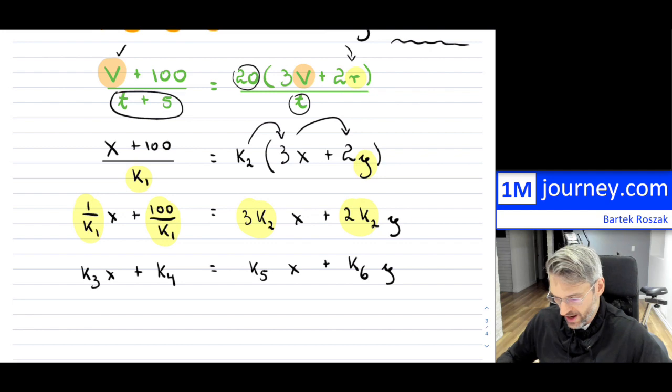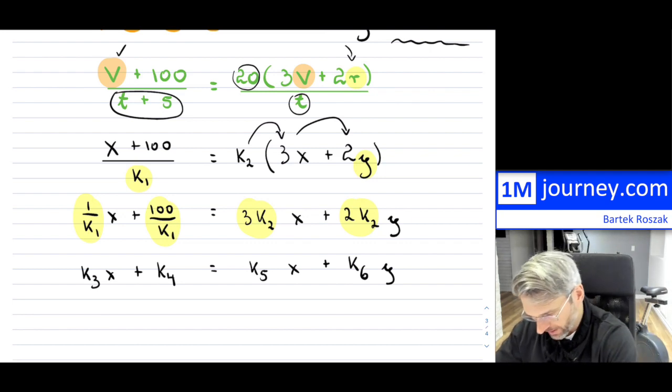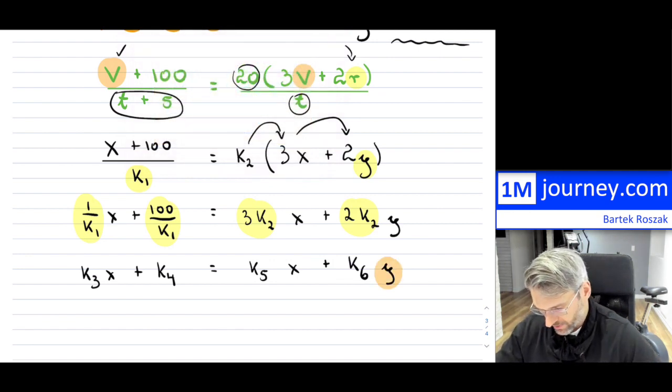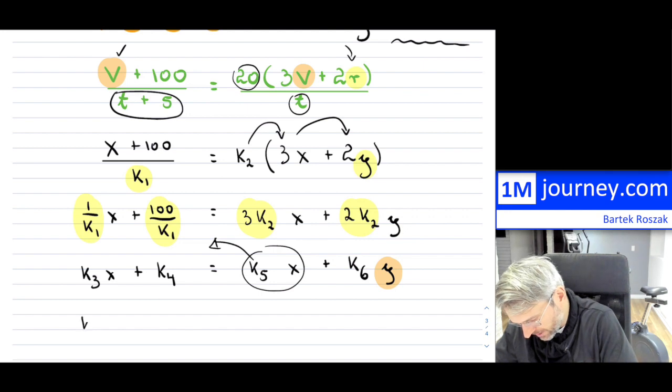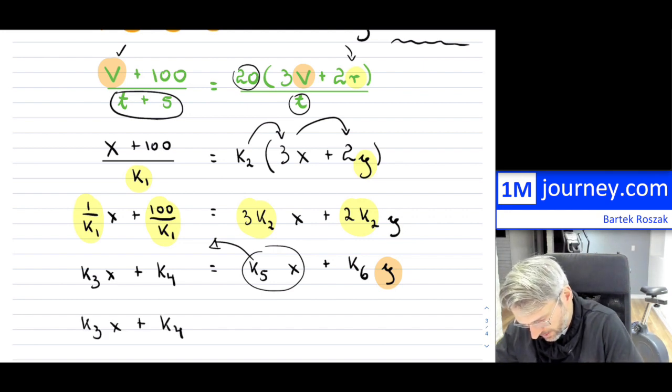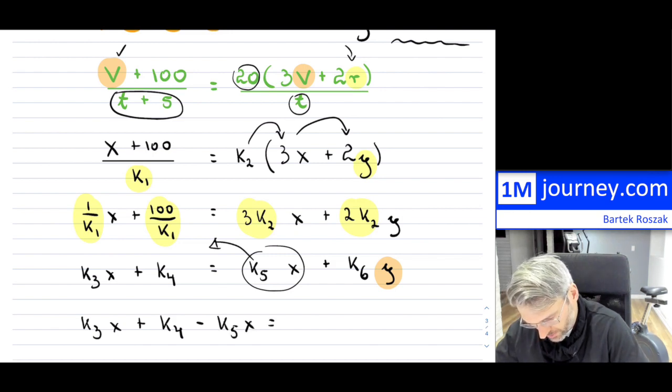Now notice, this is much, much simpler. And again, I'm trying to ultimately solve for y. Well, solving this for y is not bad. I can bring this whole term to the left. If I do that, I'm going to get k3x plus k4 minus k5x is equal to k6y.